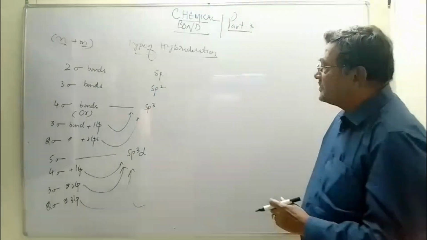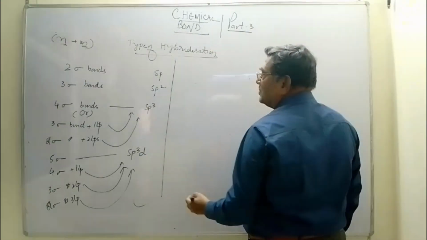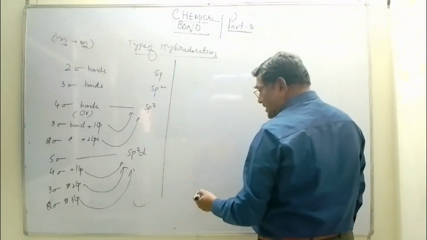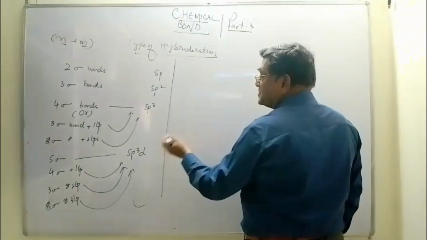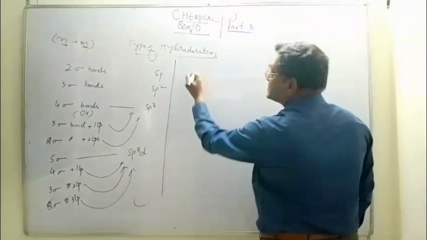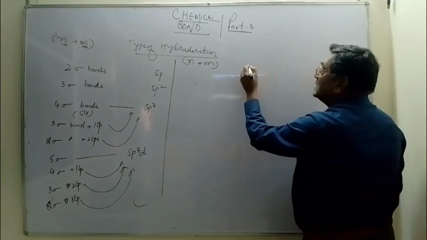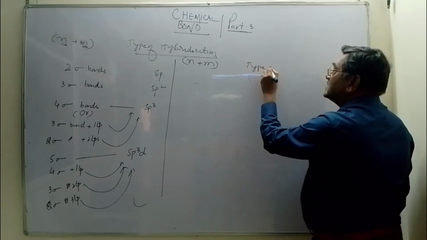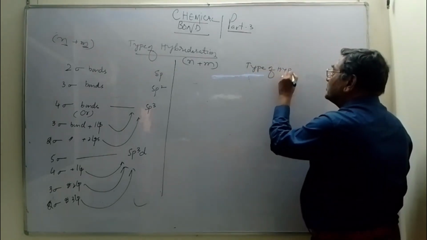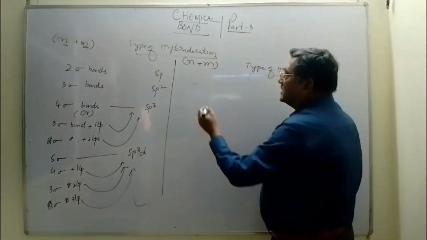After this, children, another one is going to be, let's do this also: n plus m gives rise to the type of hybridization. Now, what's remained with us?